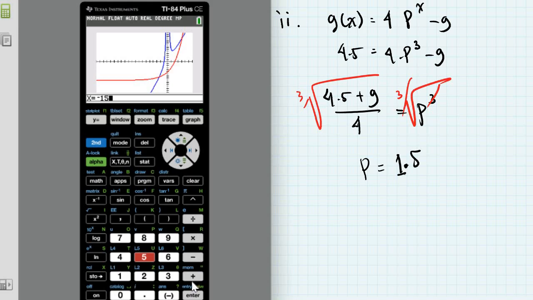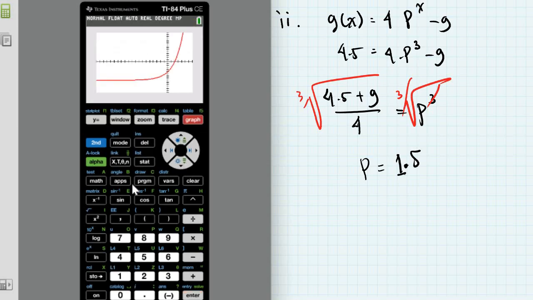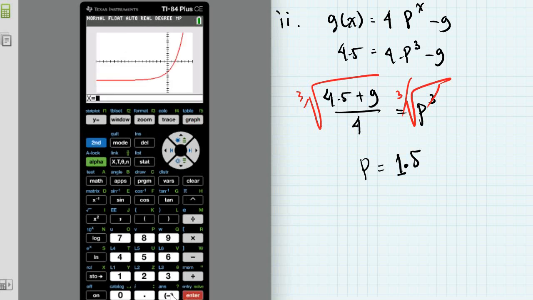Enter. Okay, I don't want the blue one, I want the red one. Okay, sorry, I want the red one. I don't want this. Okay, enter. I only want the red line. Okay, let's do it again. Second trace the value when x is negative 15.